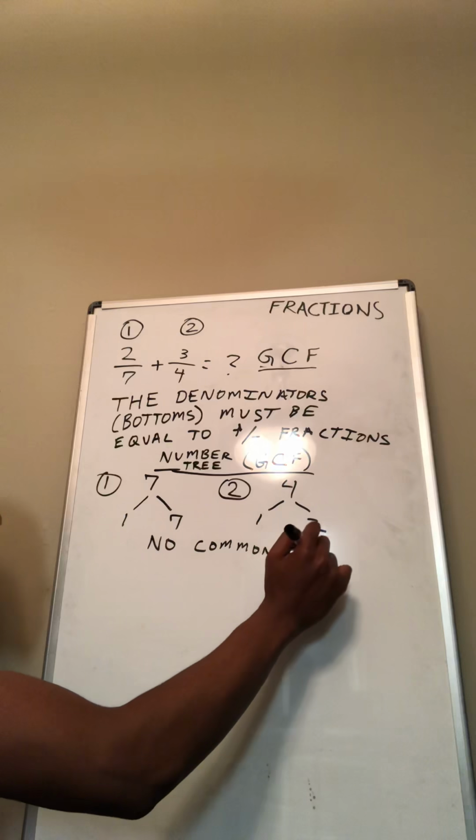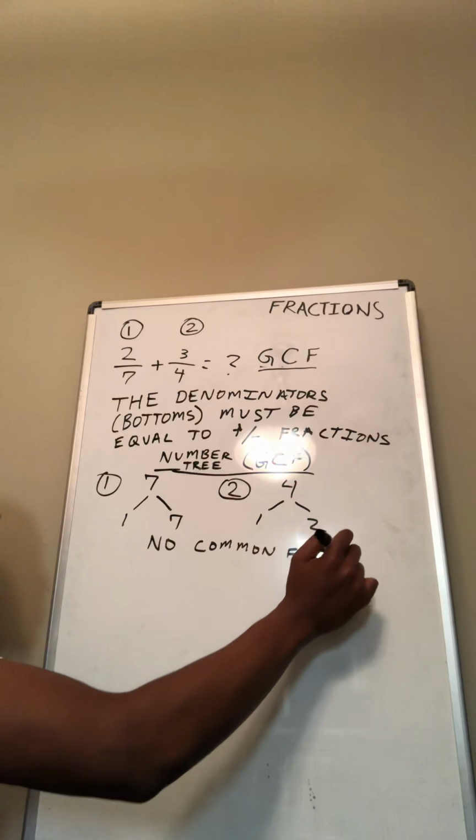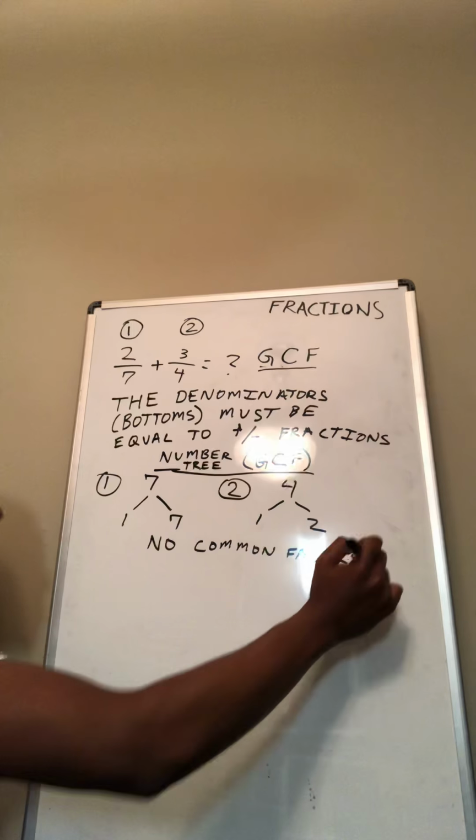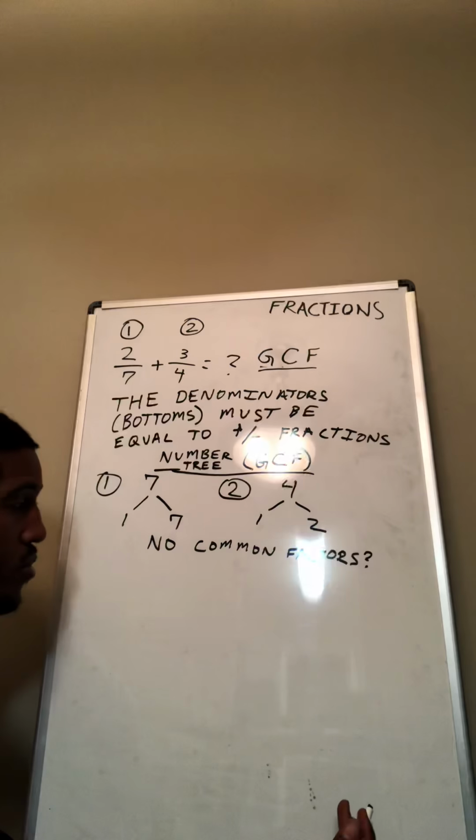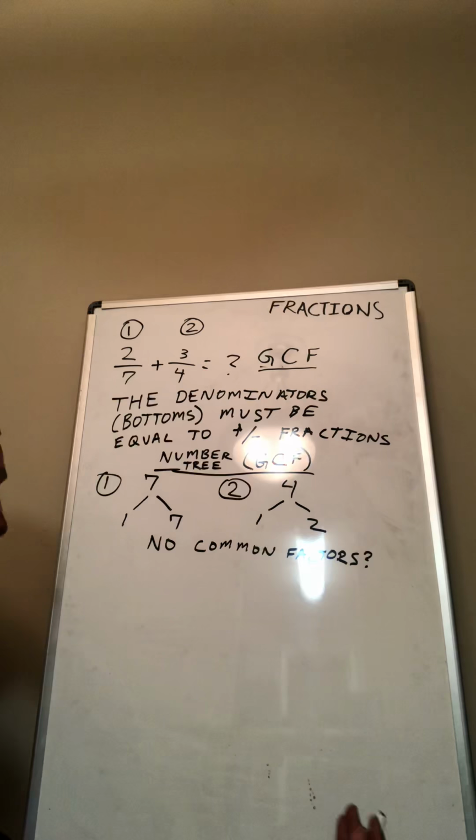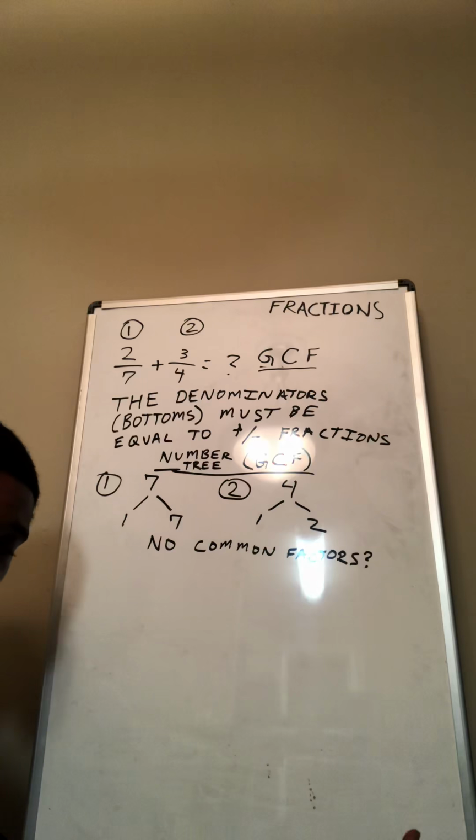So you may be asking me, because they have no common factors, how are we going to solve this problem? Now you have to do what's called finding the least common multiple. So using the greatest common factor method, you will be going backwards. Using least common multiple, you will be moving forwards.